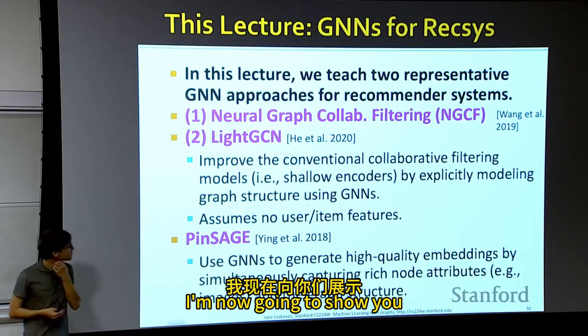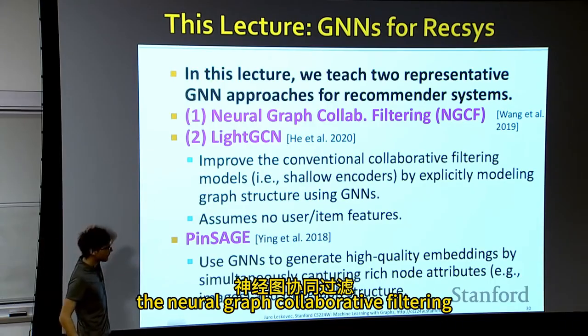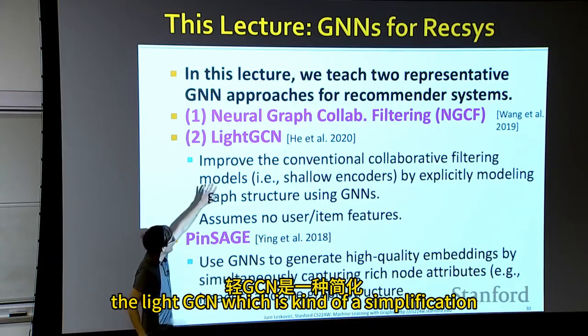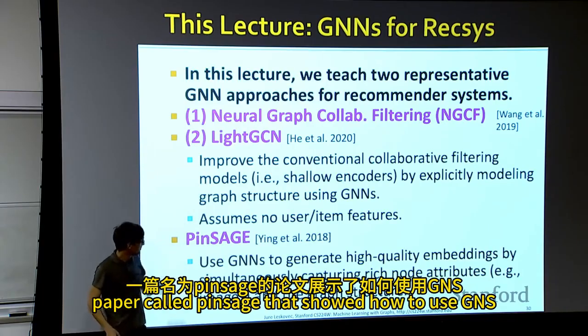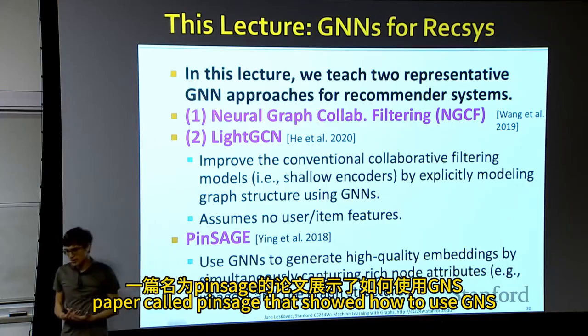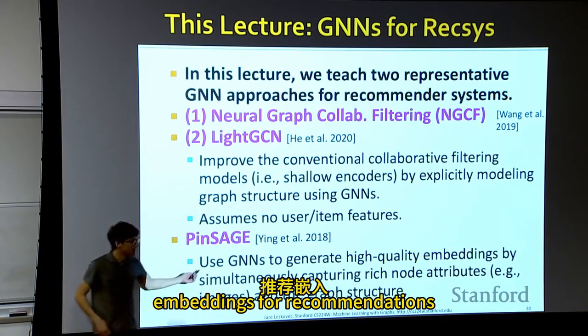I'm now going to show you three methods: the neural graph collaborative filtering, the LightGCN, which is a simplification, and then I'll tell you about this paper called PinSage that showed how to use GNNs to make high-quality embeddings for recommendations.